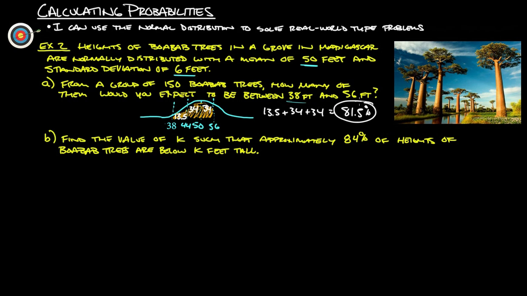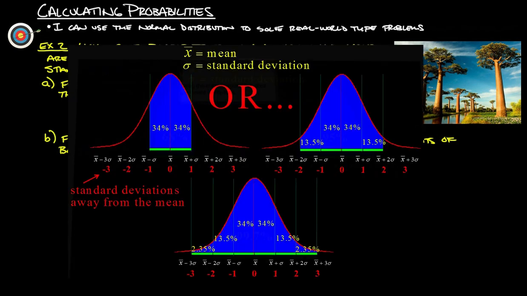Okay, and then part B, find the value of K such that approximately 84% of the heights of the baobab trees are below K feet tall. So really what we have to do is figure out where the top 16% is. If we go back to this here, we have 13.5, and then 2.5 out here is going to be the rest of our top 16%.